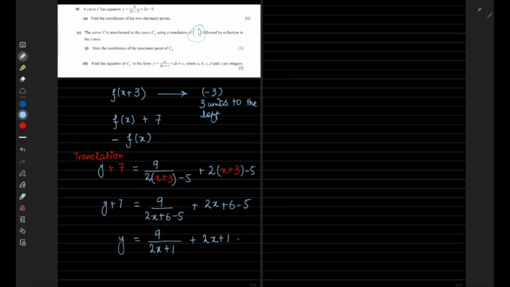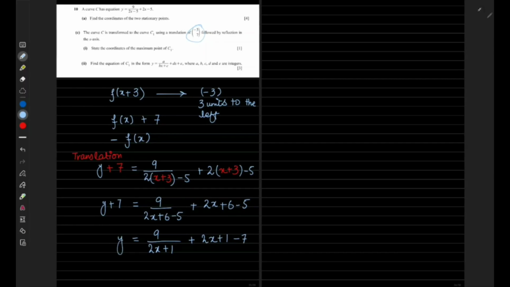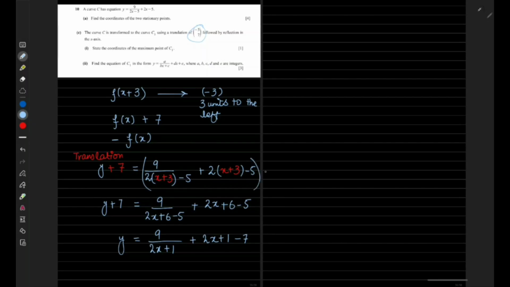And now we are taking 7 on the other side. Or you can add 7 here, plus 7 like this, because it is added in y. But this is also fine. Sorry, no, we must not be adding it here.